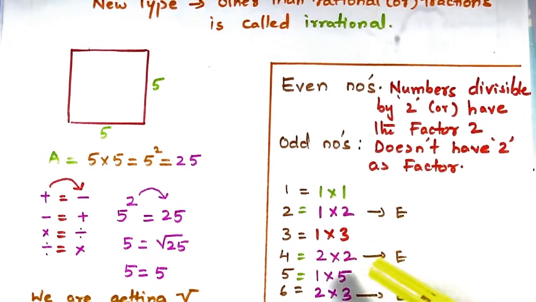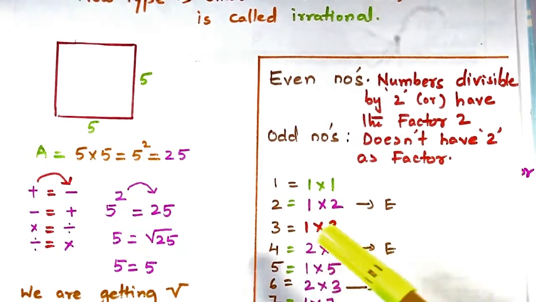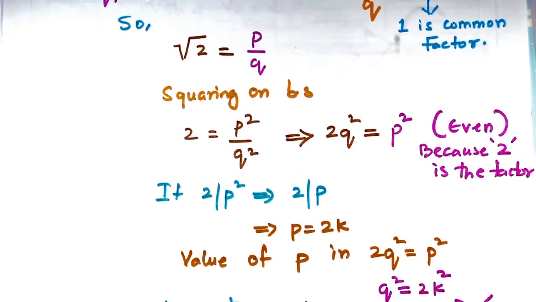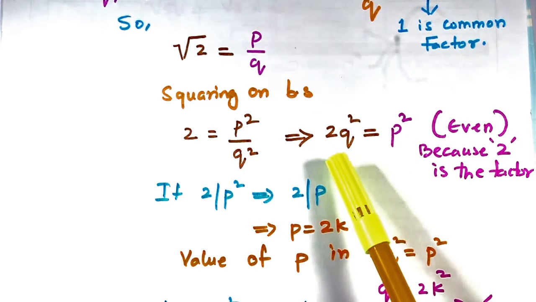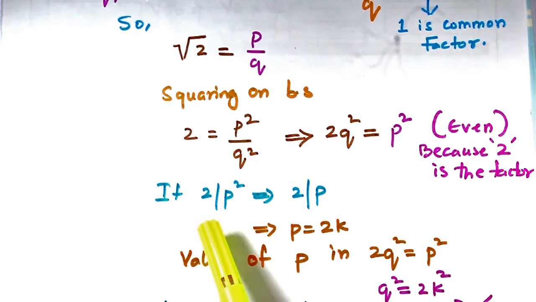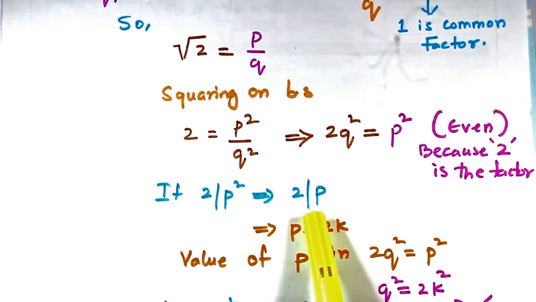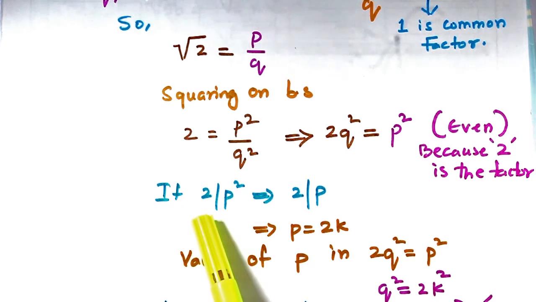So we've got 2 as a factor of p square, right? So that means 2 is dividing p square. That implies 2 divides p.